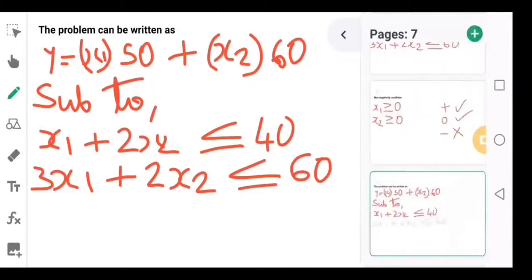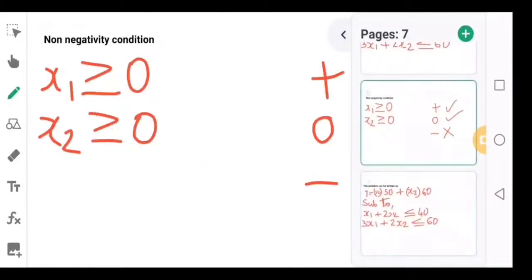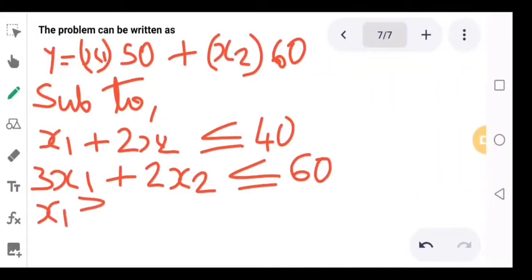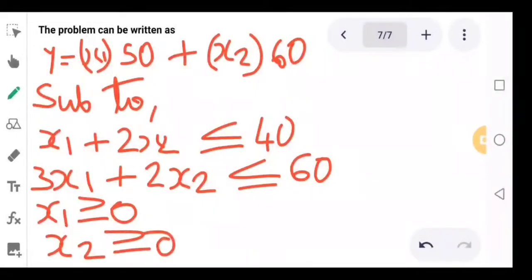And the next thing is your non-negativity condition, that is x1 greater than or equal to 0, x2 greater than or equal to 0. I just summarized the problem. This is your objective function, these two are constraints, and this is your non-negativity condition.